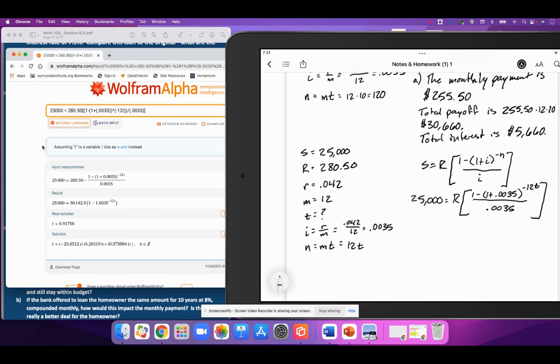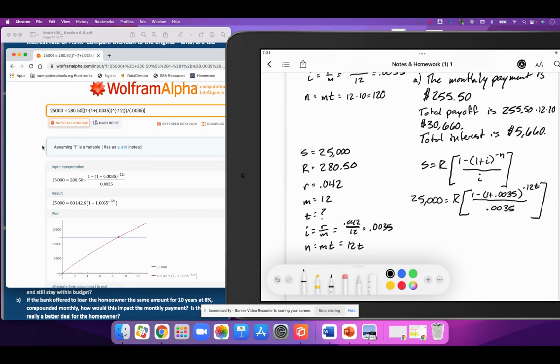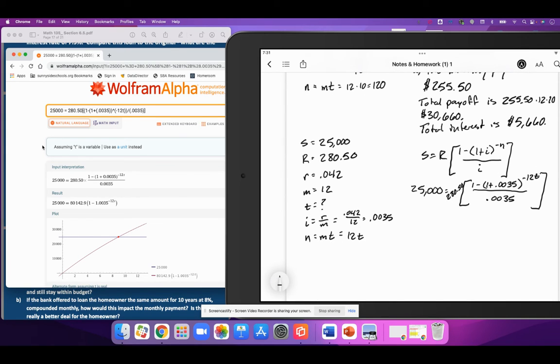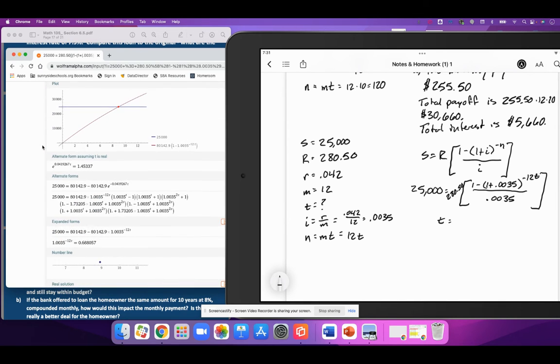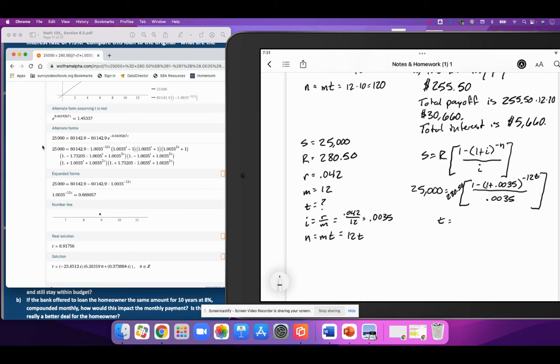So I don't know why I left the R blank over there. I'm going to fix that. What we should have in here for the R is the 280.50. I'll squeeze it in there. There we go. Not my best work, but it'll be all right. So T is going to be 8.92 years is what we'll call it.